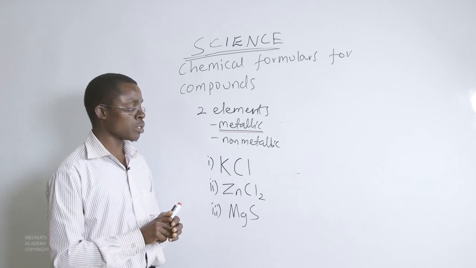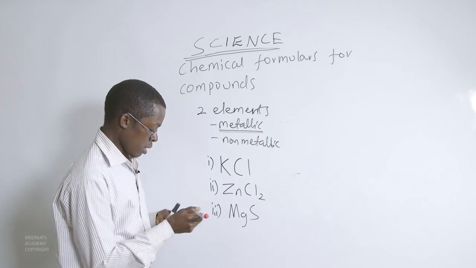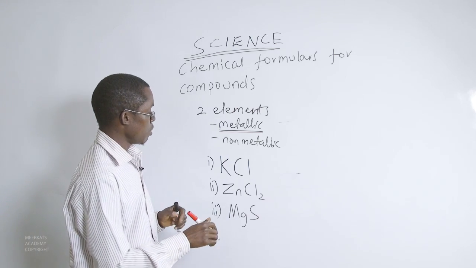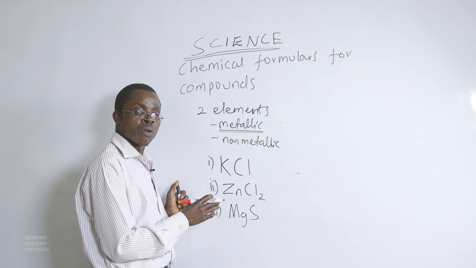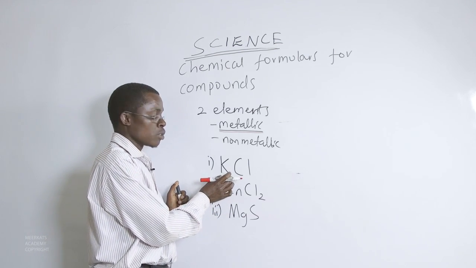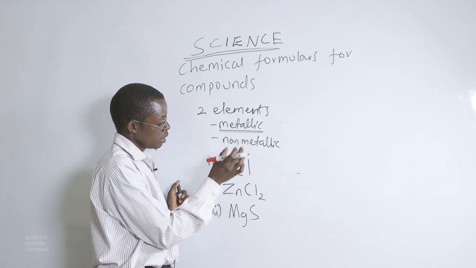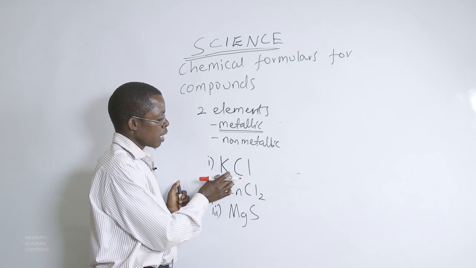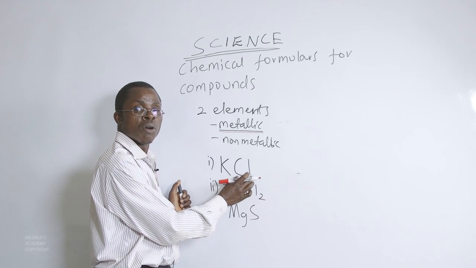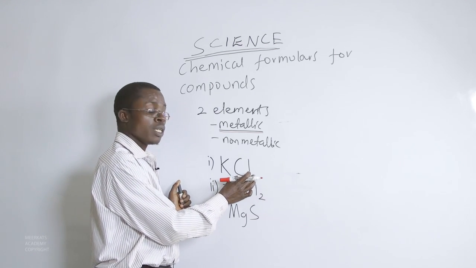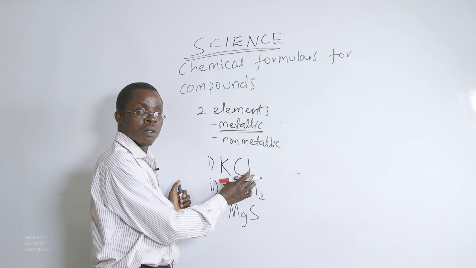So let's get the names of these. Following the rules, first of all, let's check the formula. Is it following the rules by having the metal first, non-metal second? For the first one, K stands for potassium. Cl stands for chlorine. Chlorine is a non-metal.